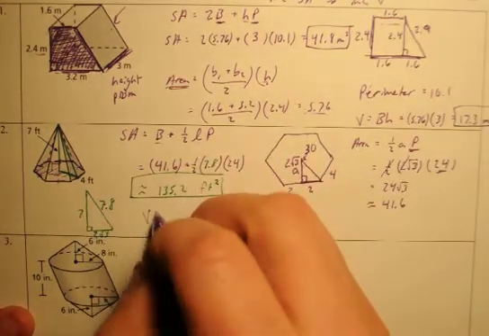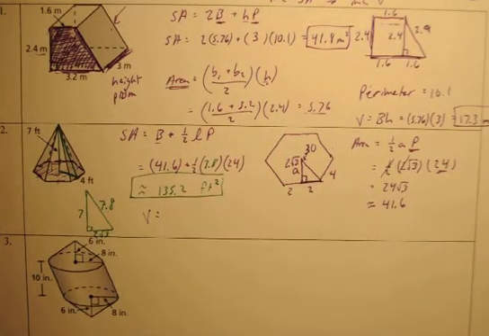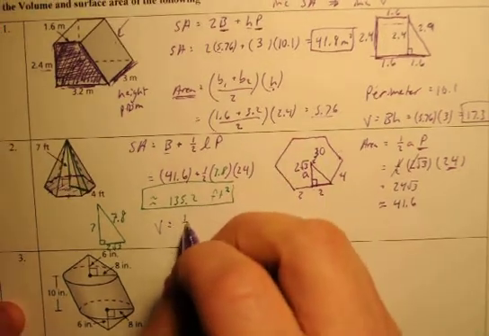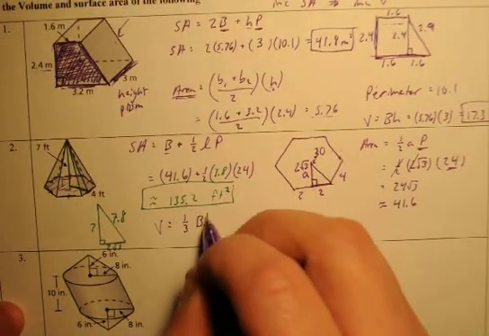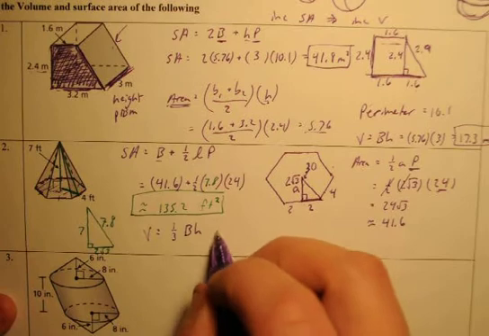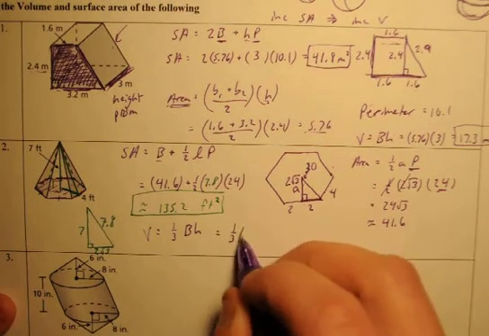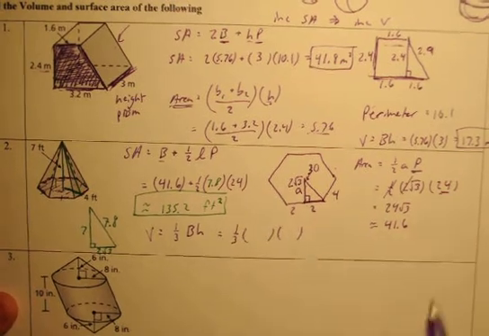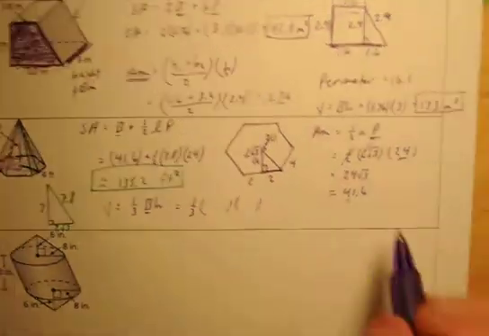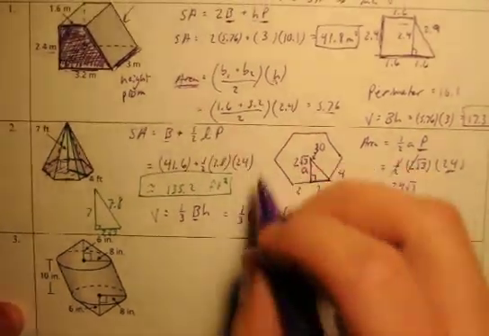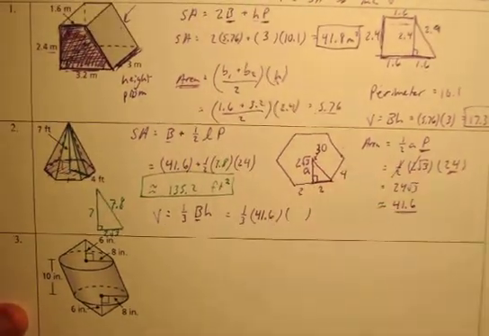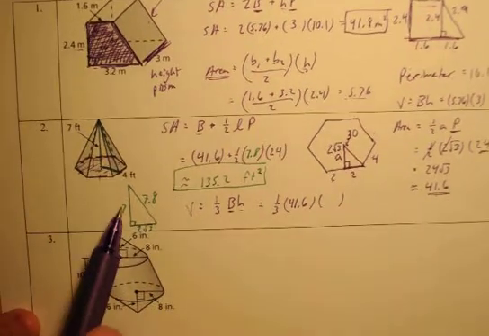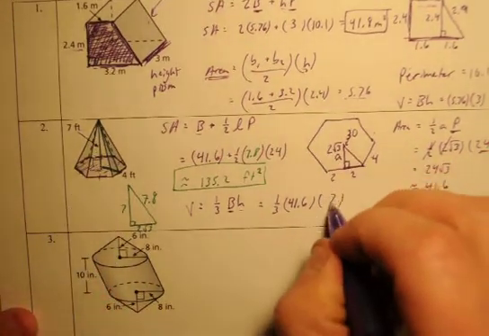Volume is going to actually be pretty straightforward. The volume of a pyramid is 1/3 base times height. Now we already figured out all the hard stuff. The base was 41.6 that we figured out. The height is given as 7.